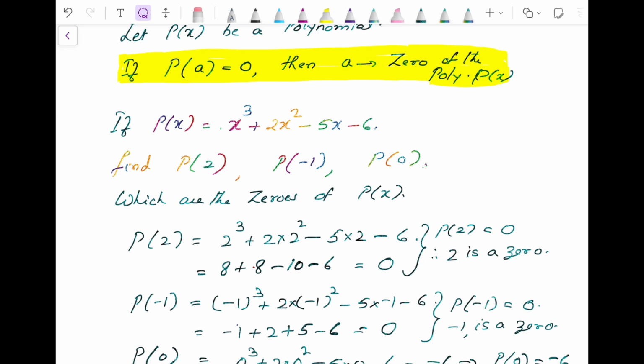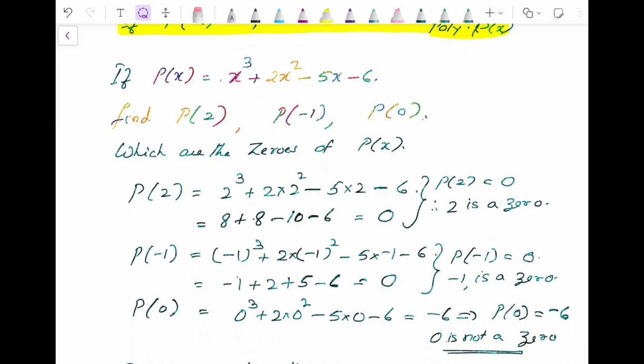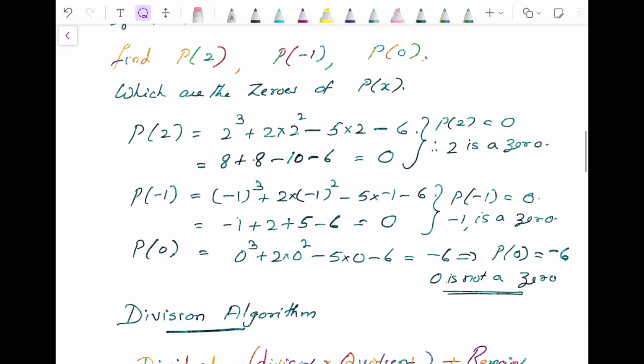For p of minus 1, again in the place of x you substitute minus 1 and simplify, you will get 0. That means p of minus 1 equal to 0, so minus 1 is also a zero of the polynomial.